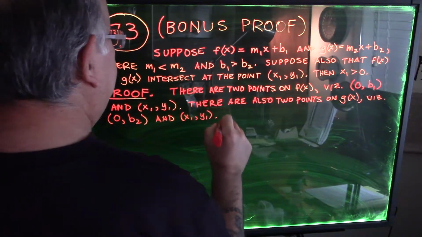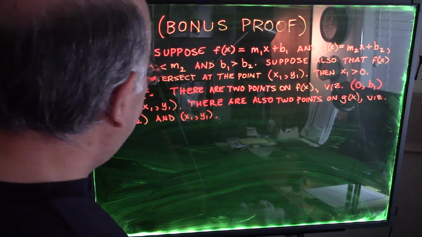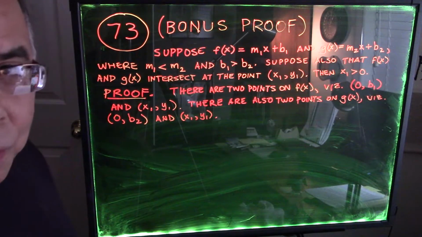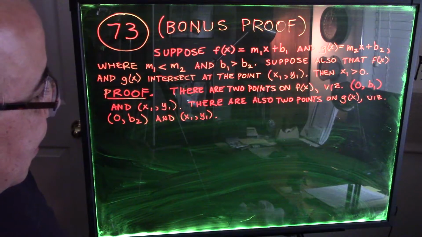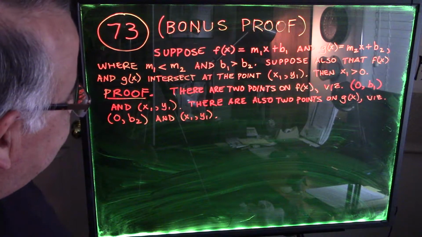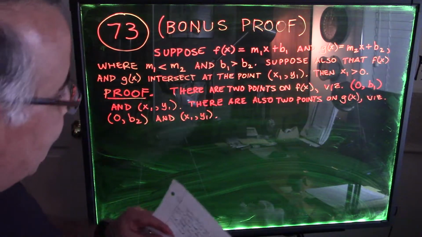Now there are other points on these two lines, but we want to call attention to those two in particular because they are on those two lines. All right. So what can we do now?